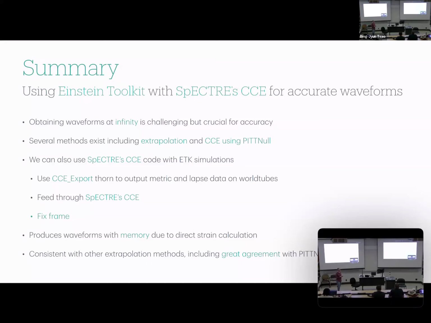When I ran it over the actual SXS waveform, which was really long, it would run for 20 minutes to an hour. I don't remember. I'd usually set it and then leave because it would take a while. It definitely depends on how much you downsample. There's a chance I could have downsampled more. In terms of dumping the data or running CCE export, I don't think it slows your simulation down much.